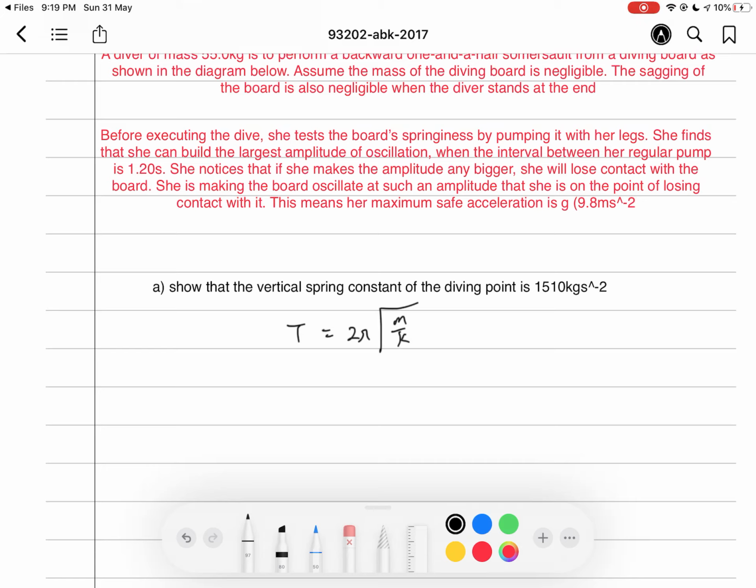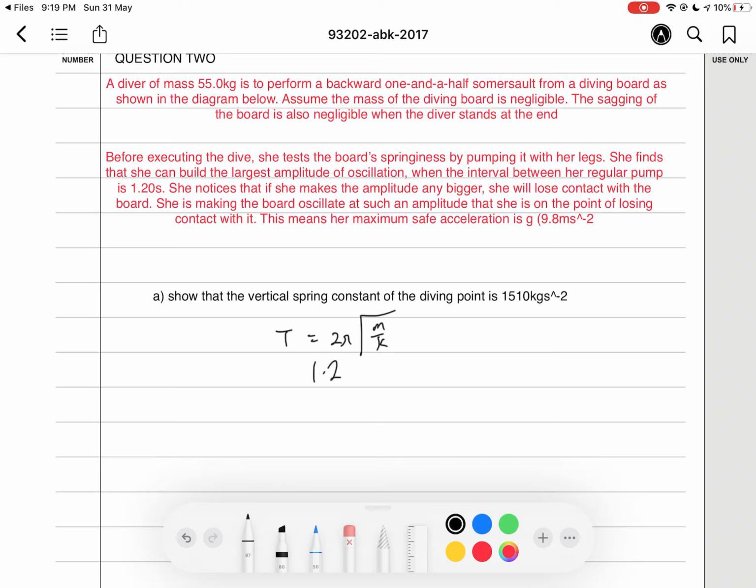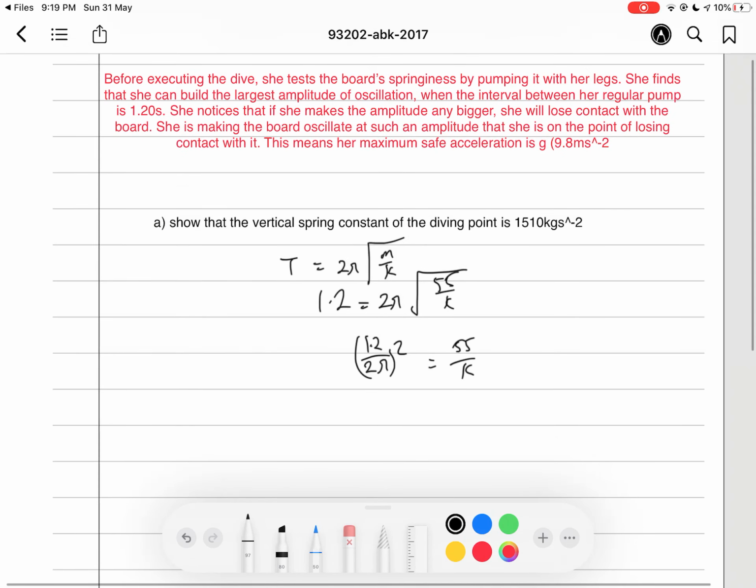We know T is 1.2, because that's the interval of the pump, so 1.2 equals 2 pi square root of m, which is 55, over k. So therefore 1.2 divided by 2 pi, all squared, equals 55 over k. So therefore k equals 55 over the quantity 1.2 over 2 pi, squared.